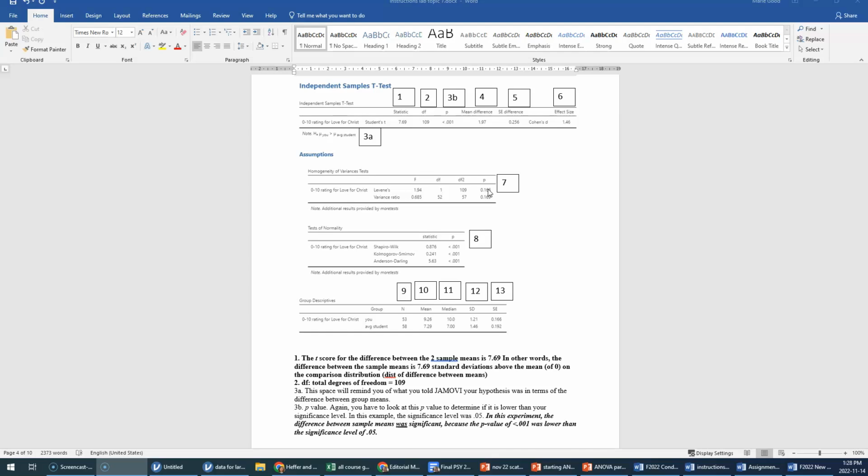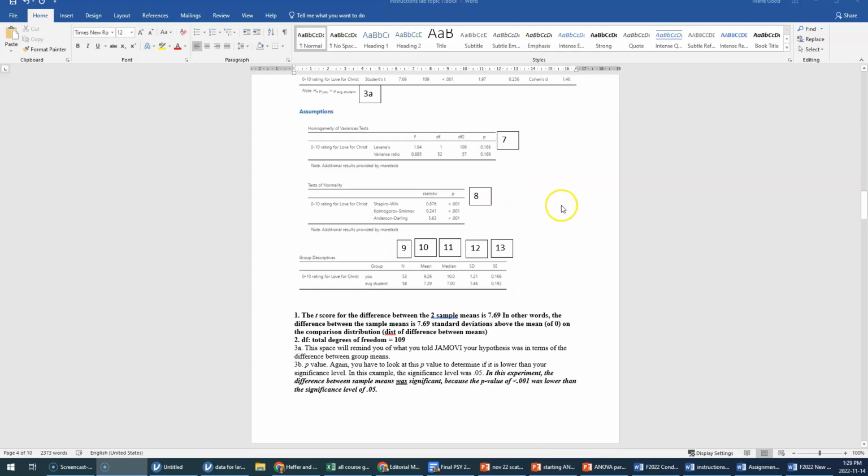This is, again, kind of a weird instance where you want your p-value to be large. You want a not significant p-value because that means the assumption has been met. So our homogeneity assumption is great. It's been met.